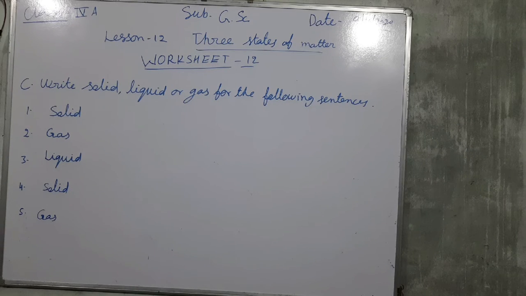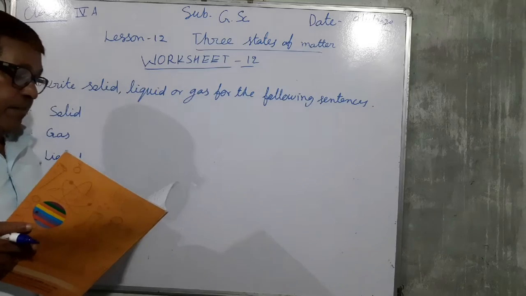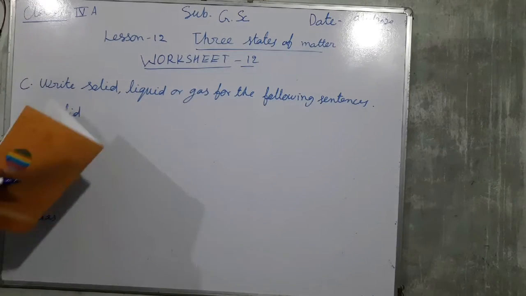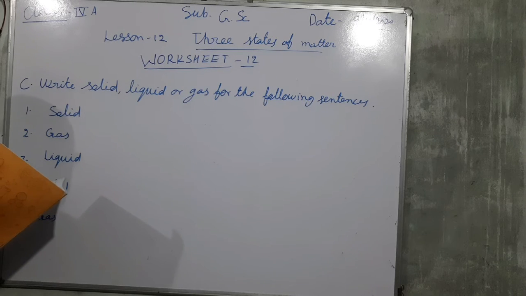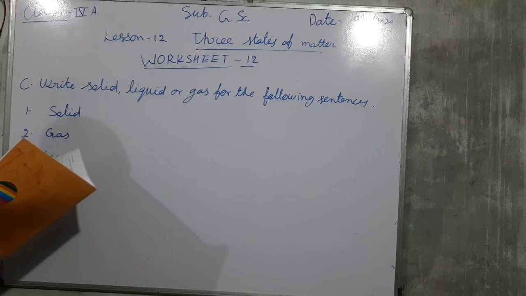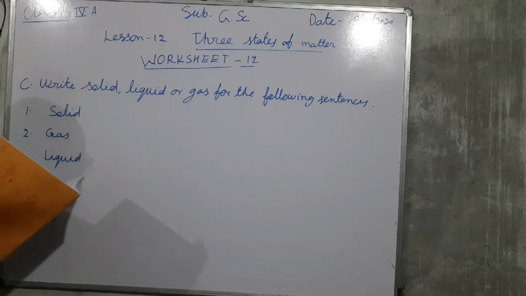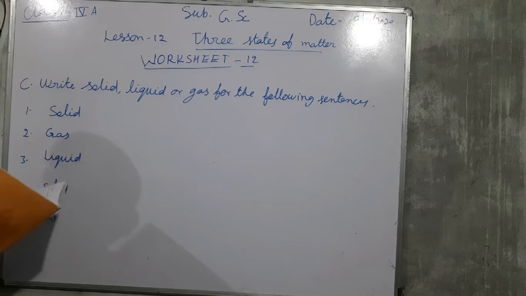So once again we can see. Number one, molecules are tightly packed. So this is solid. Next, molecules move freely and spread everywhere. So this is gas. And flow easily and take the shape of the container they are poured in. So this is third, this is liquid.